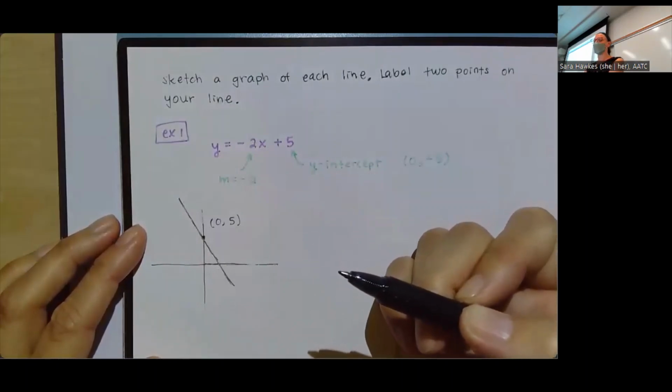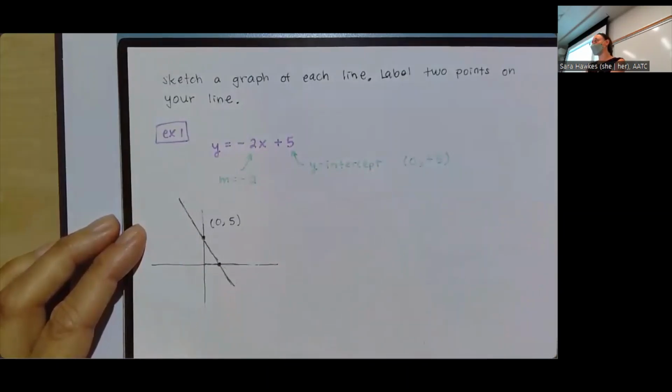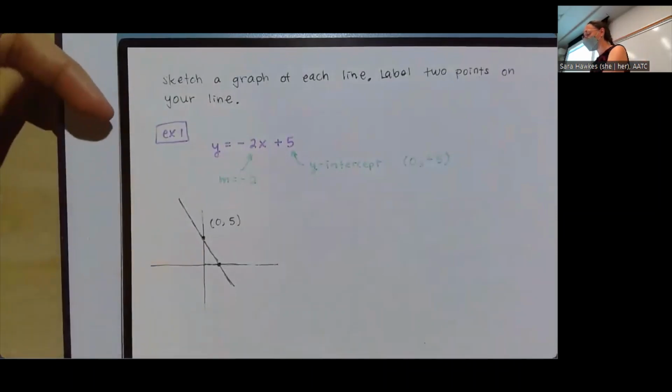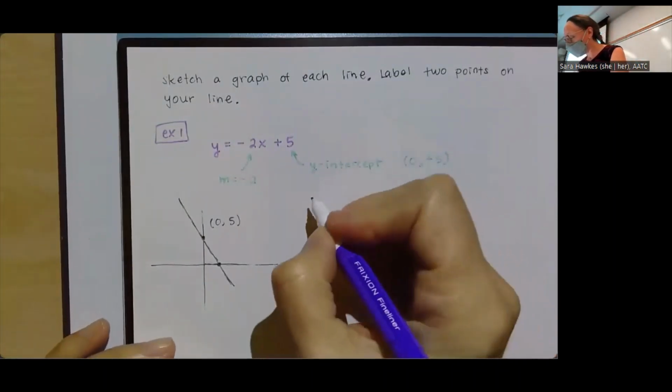Another option, which I like better, would be to find the x-intercept. The reason I like it better is that it's more universally something that we're going to do when we're sketching things. I started with my y-intercept, drew a slope that's appropriately negative, and now I'm going to find the x-intercept.